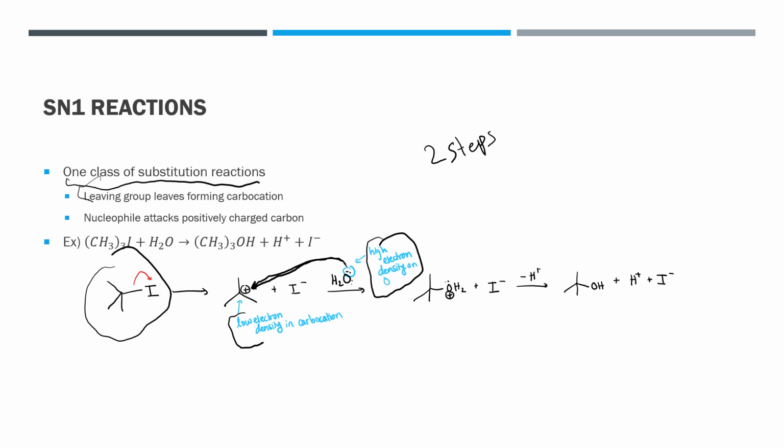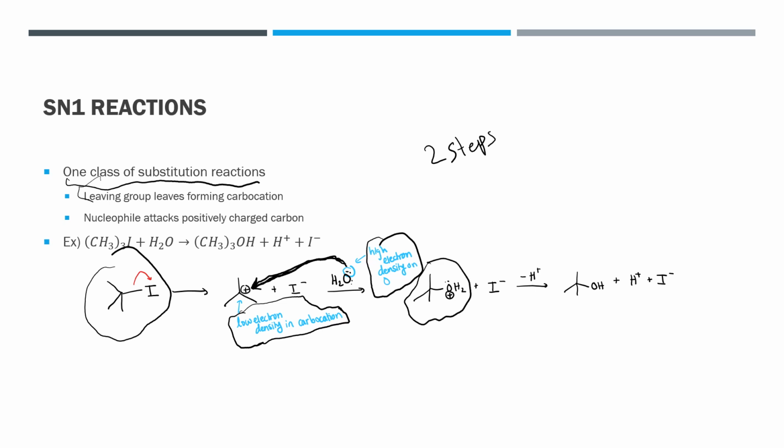And because this carbocation doesn't have a complete octet, it's electron deficient, we have low electron density on our carbocation. So this oxygen, from our water, can go and attack our carbocation and form a bond. And so we get this, right?